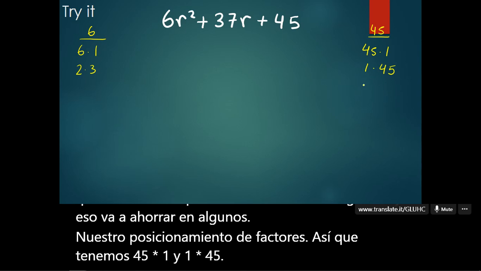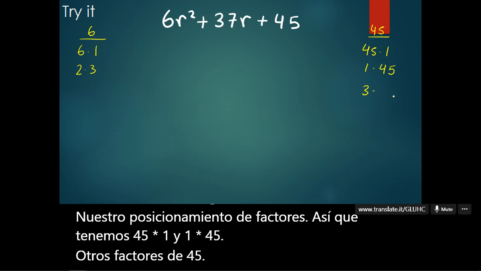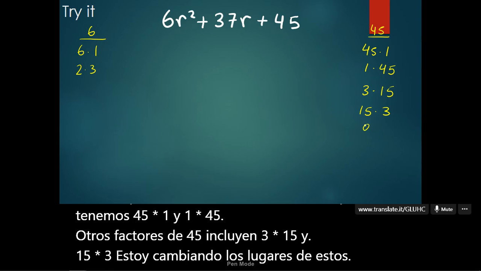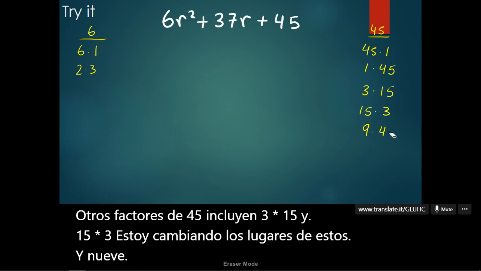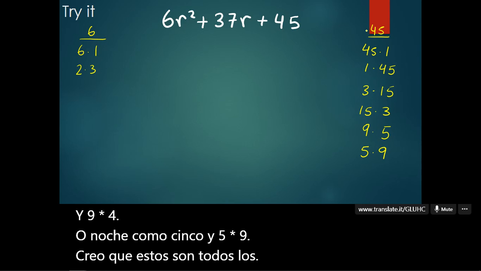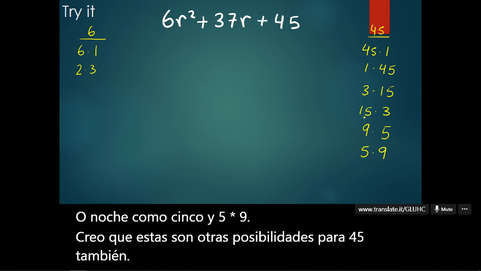Other factors of 45 include 3 times 15 and 15 times 3. I'm switching the places of these. And 9 times 5, and 5 times 9.